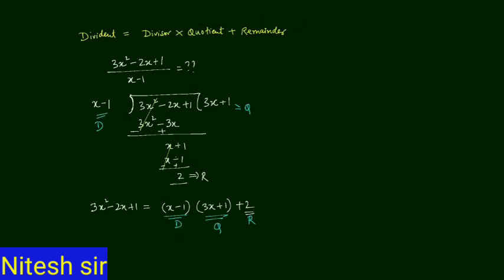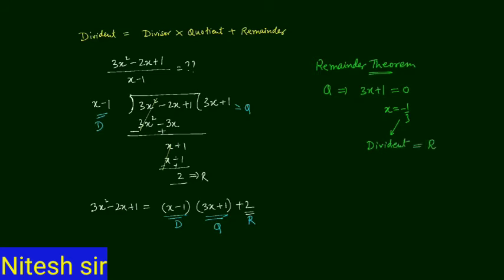So when we equate these things to 0, we will get x is equal to 1 and x is equal to minus 1 upon 3. And suppose for q is equal to 3x plus 1, p is equal to 0, we will take, because zeros of the polynomial, we will get x is equal to minus 1 upon 3.